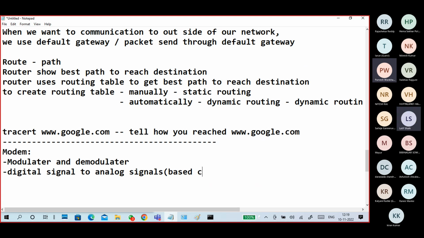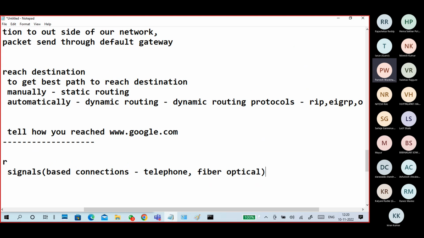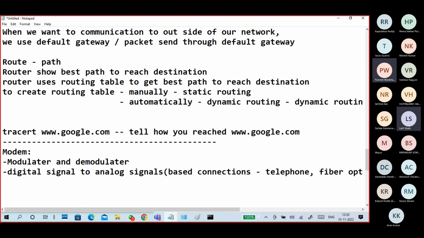So based on the connection, okay, a telephone type of network connection, based on the internet connection, you are using telephone or a fiber optical connection. Nowadays we are getting broadband connections.